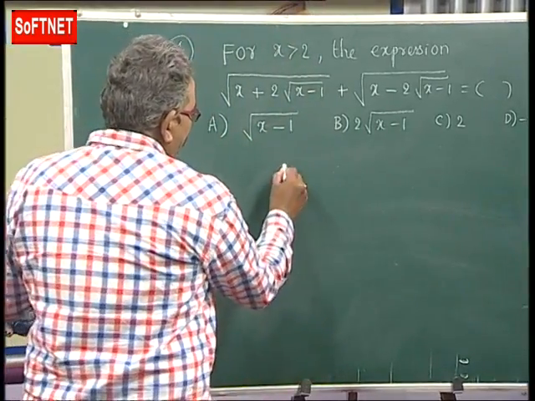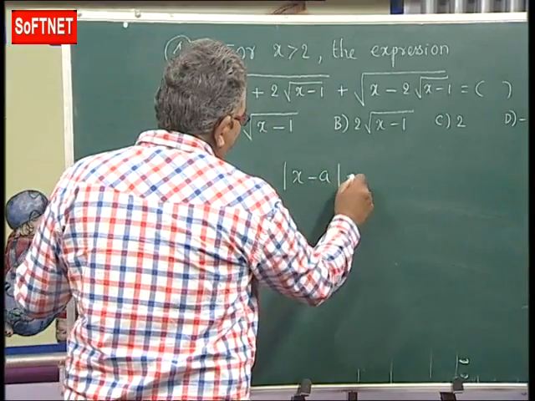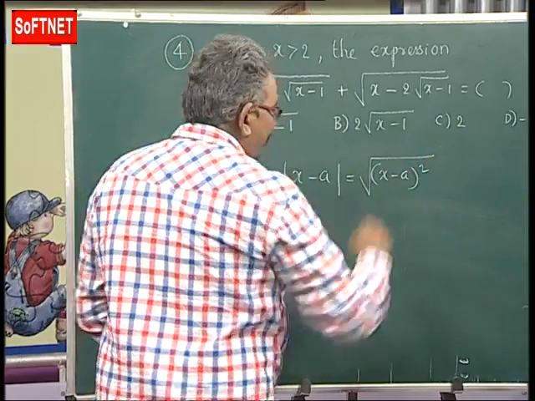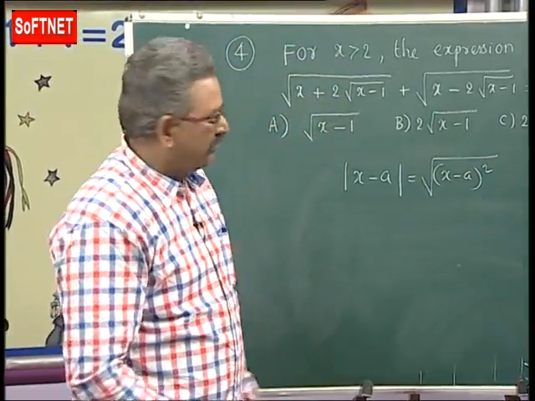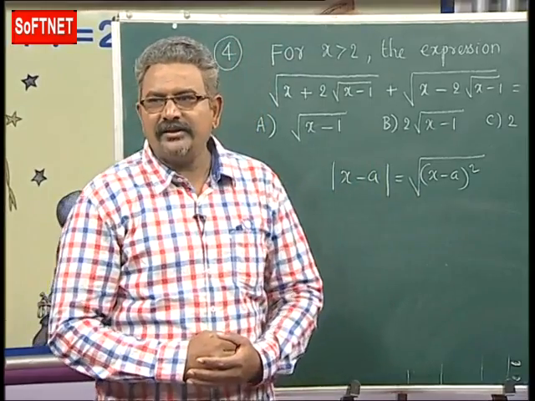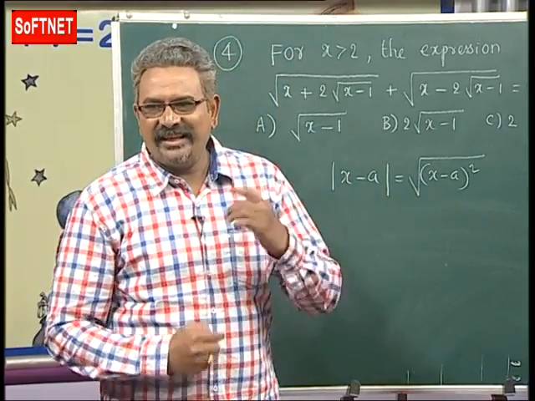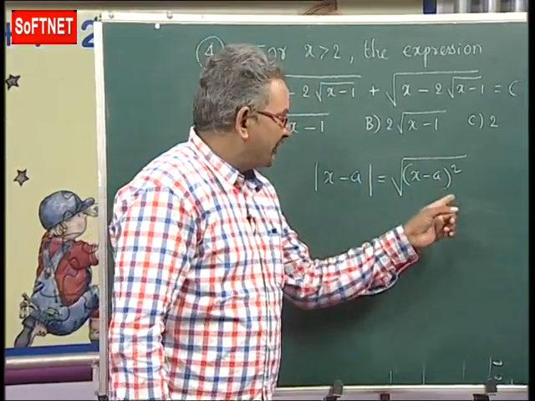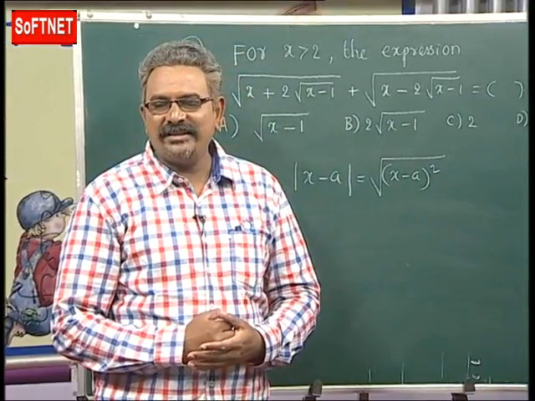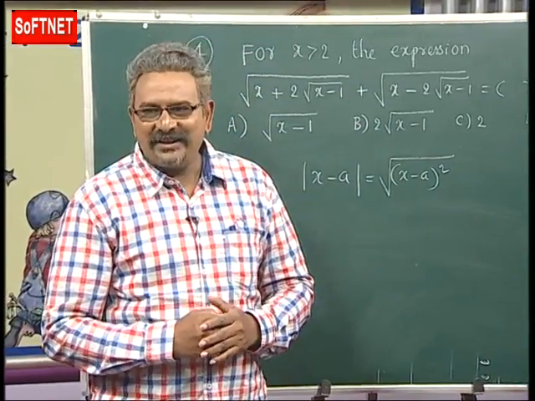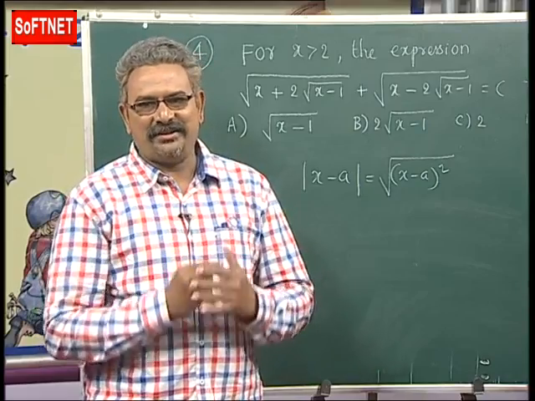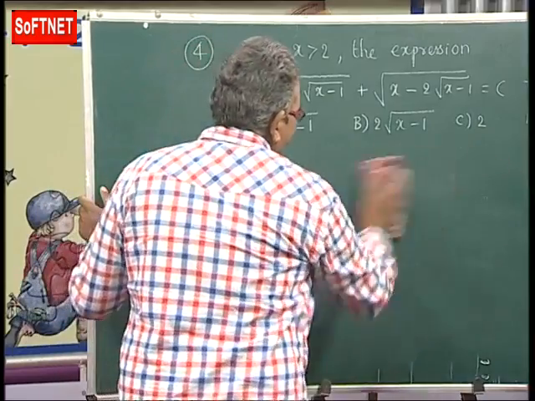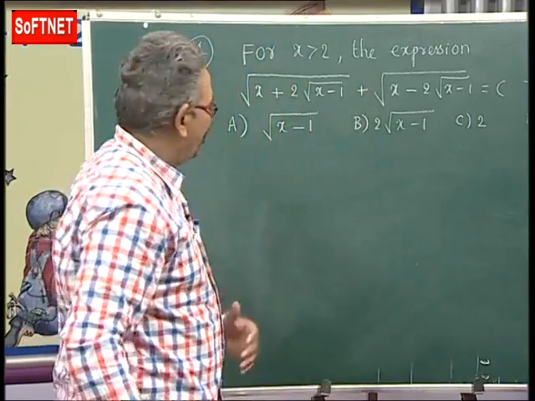The mod of x minus a can also be written as root of x minus a whole square, which depends on the conditions. If x is greater than a, the square root of x minus a whole square is x minus a. If x is less than a, it is minus of x minus a. That is very, very important. Now let us proceed with the problem.